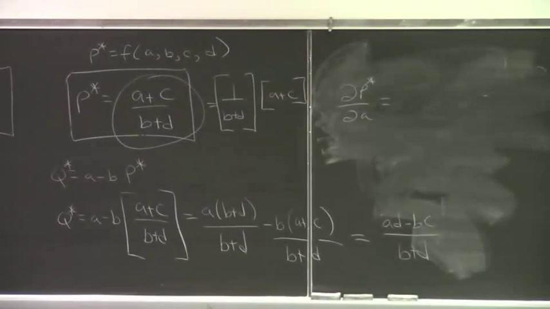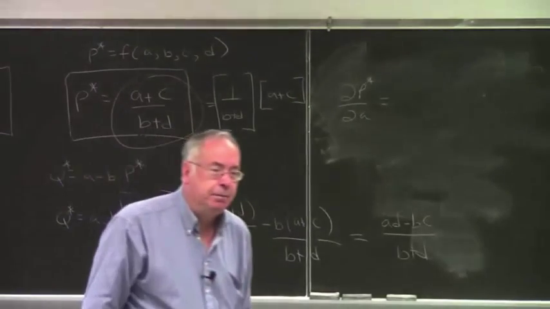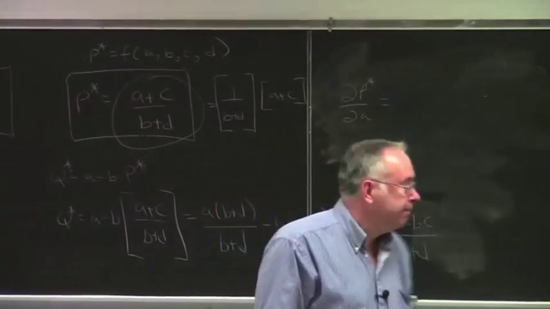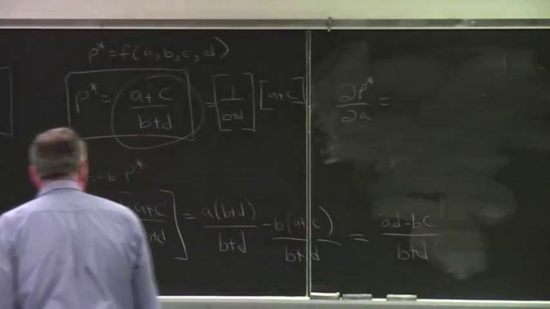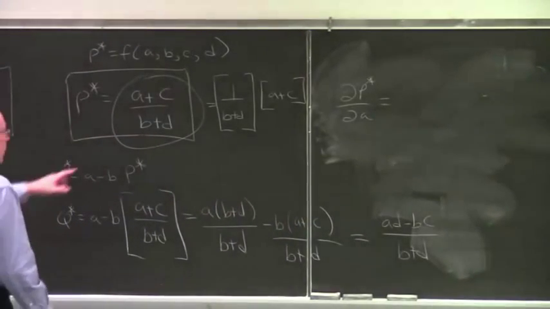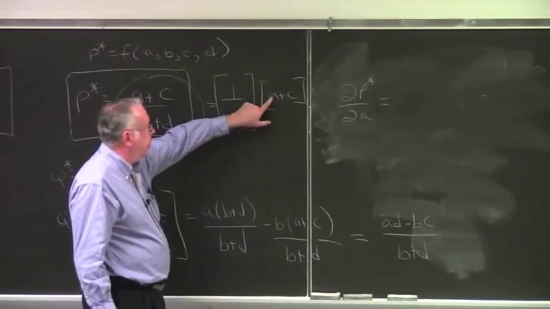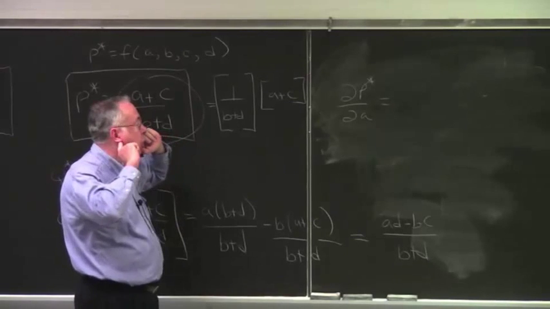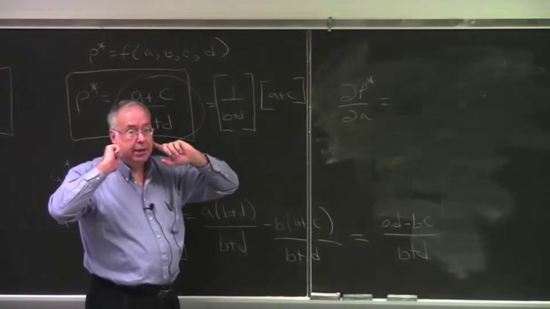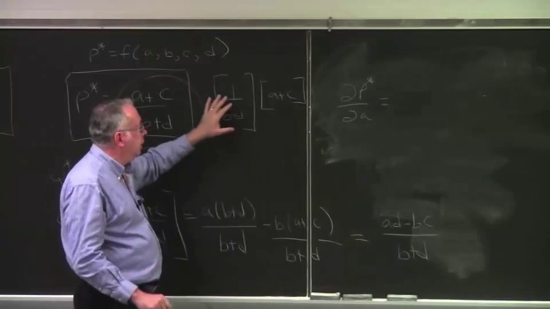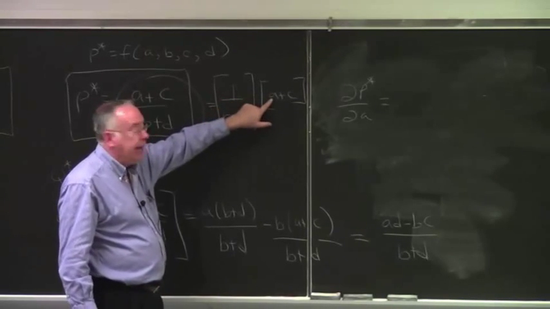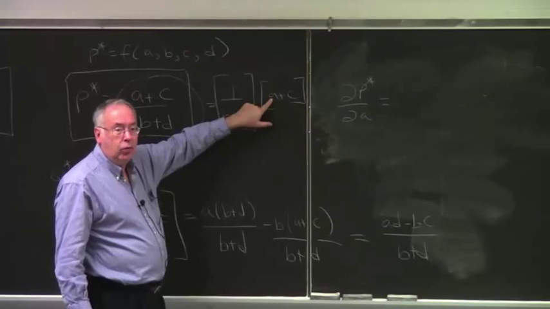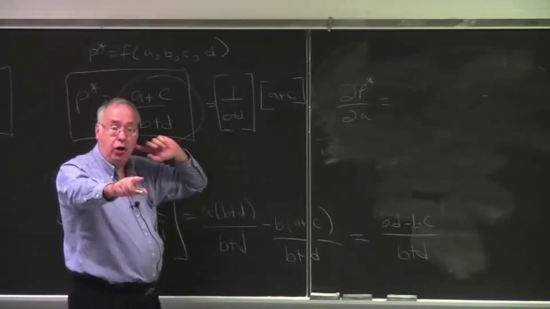So what is partial p star partial a then? Anybody? Jonna? Is it 1? Not 1, but what is the coefficient on a? What are you multiplying times a? 1 over b plus d.